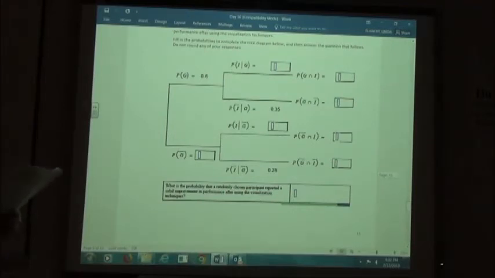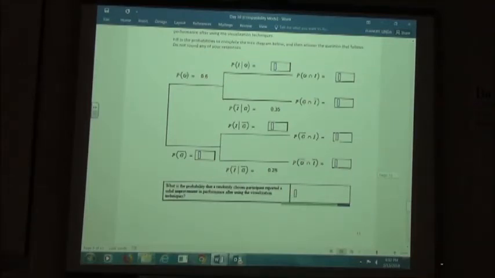No participant was both. The visualization technique seemed quite helpful for both the golfers and the tennis players. 65% of the golfers reported a solid improvement, and 75% of the tennis players reported a solid improvement. So G is going to be the golfer, G with a bar, not a golfer, in other words, a tennis player.